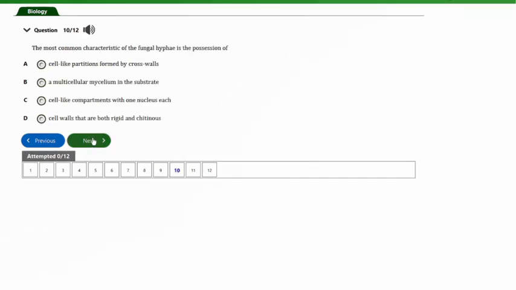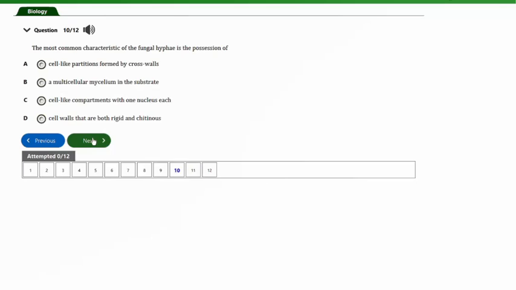That's question number 10. The question says, the most common characteristic of fungal hypha is the position of A. cell-like partition formed by cross walls, B. a multicellular mycelium in the substrate, C. cell-like compartments with one nucleus each, D. cell walls that are both rigid and chitinous.